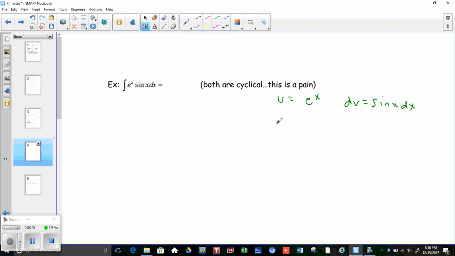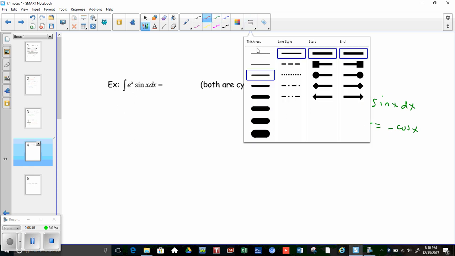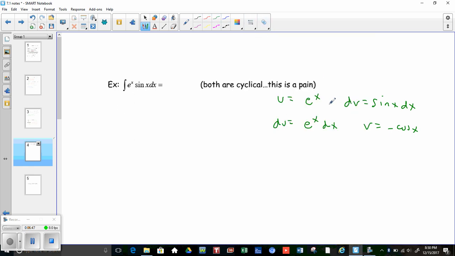Okay, I'm going to need du, which is the derivative of this one, which fortunately is just e to the x dx. Here, this is the antiderivative, so I'm going to need v, which is the antiderivative of sine, which is negative cosine x. And now we're going to go ahead and follow our pattern, which says u times v minus the integral of v du.